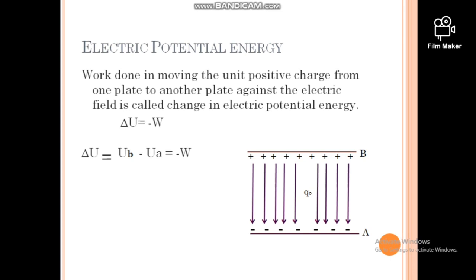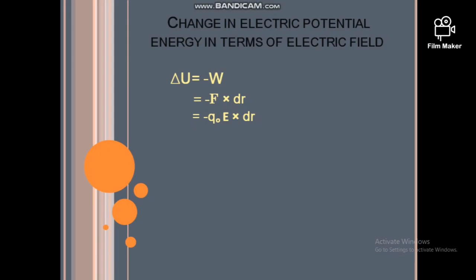In case of the electric potential energy in terms of the electric field, we put the value of the work done in terms of the electric field. We have the equation UB is equal to minus W, and W, the work done, is always equal to force into displacement.